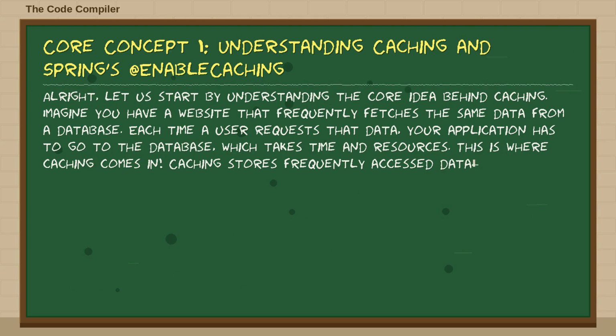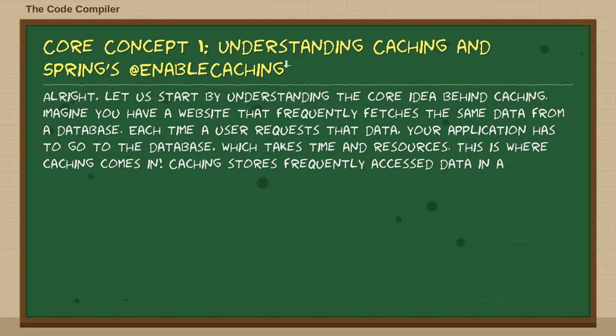Caching stores frequently accessed data in a fast access layer, like Redis, so that subsequent requests for the same data can be served much quicker without hitting the main database. Think of it like a temporary storage locker for your data, much closer and faster to access than the main warehouse. Spring Boot makes implementing caching incredibly simple.